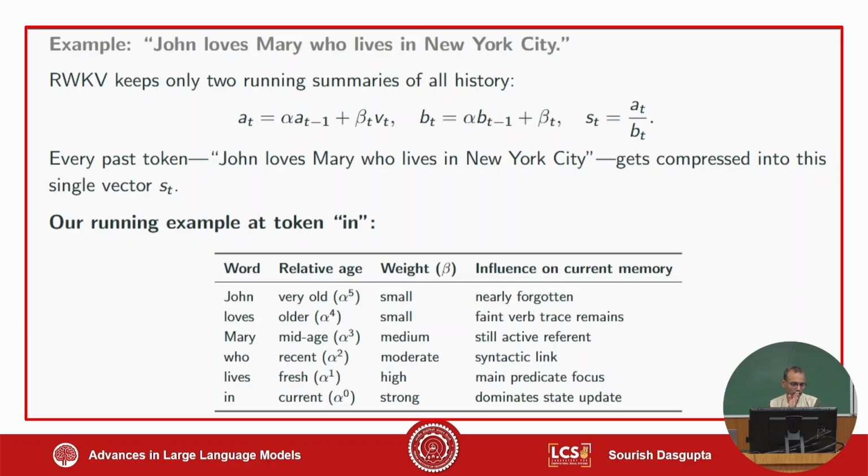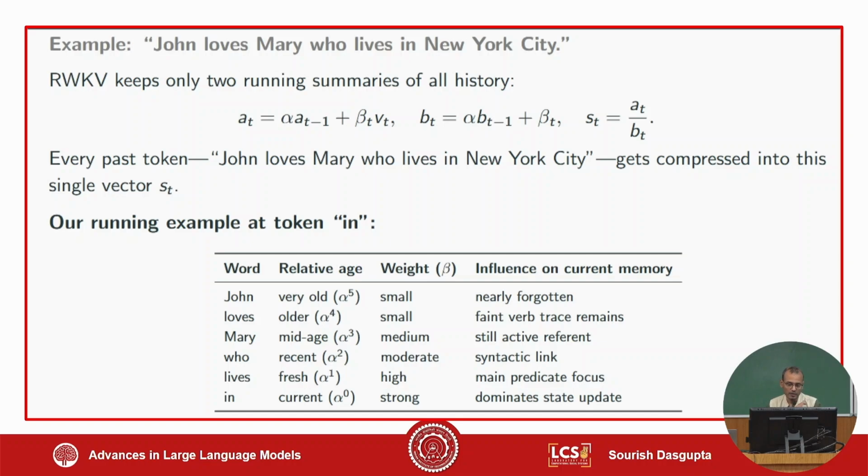So at the time step where the new token is "in", this is what is going on in Rakov. The entire prior sequence is compressed into that particular time step state, but in an exponential decay fashion. So John is nearly forgotten, as you can see.